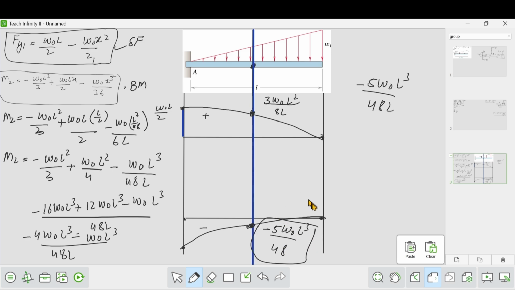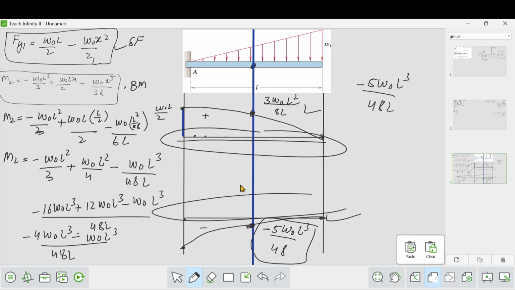We have found this and this. So you can find the bending moment and shear force at any point of this beam, easily, only by putting the value of x. If the value of x is equal to 0, you will get omega naught L divided by 2 as the shear force.